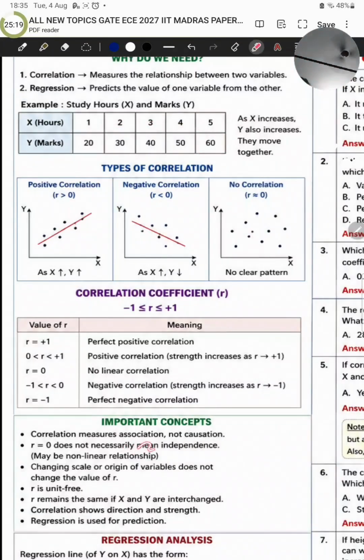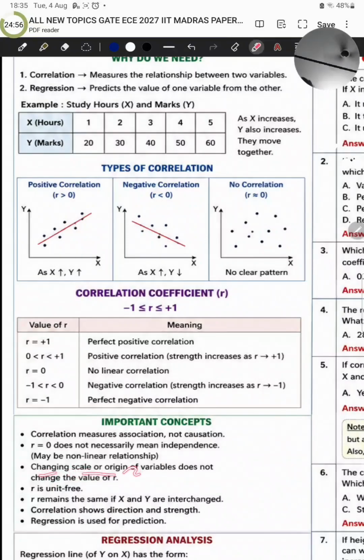That is also possible. So correlation measures association, just the observation, not causation. So r equal to 0 does not necessarily mean independence. There might be some nonlinear relation.